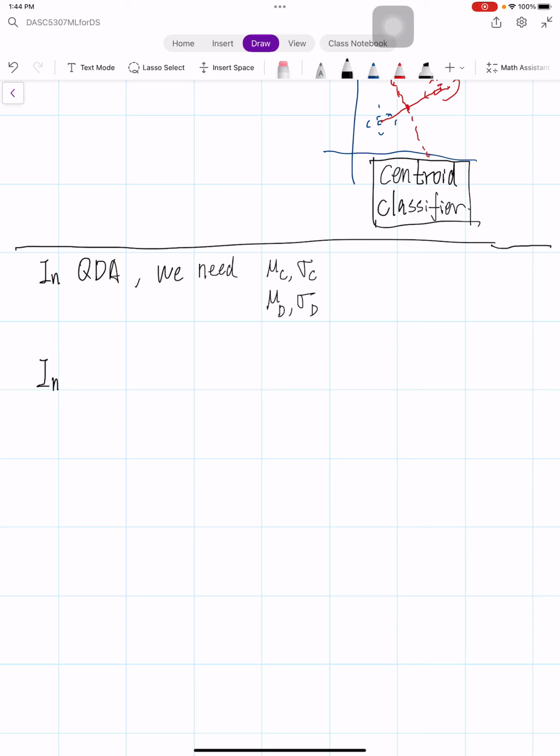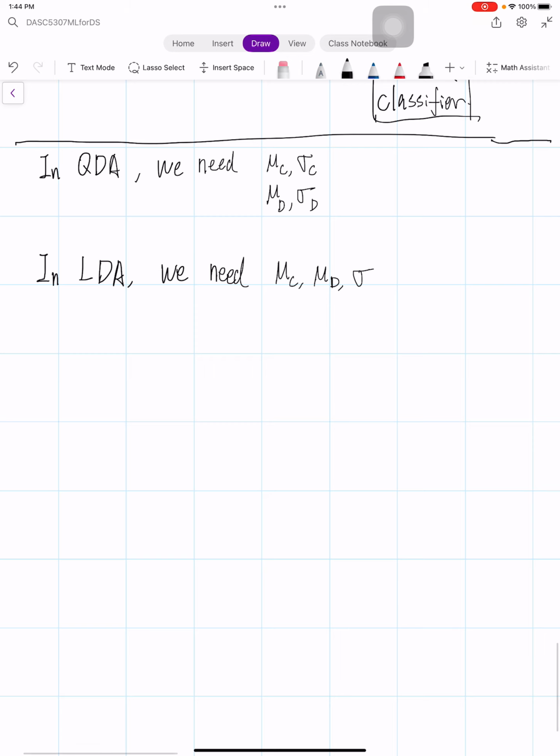In linear discriminant analysis, we need to know the numbers mu C, mu D, and we assume they have the same common variance, so same common standard deviation, sigma.